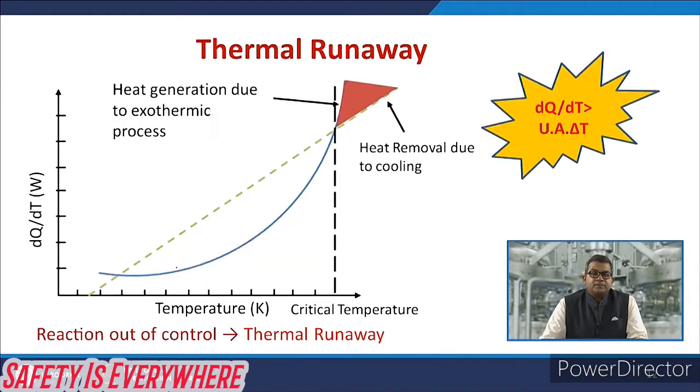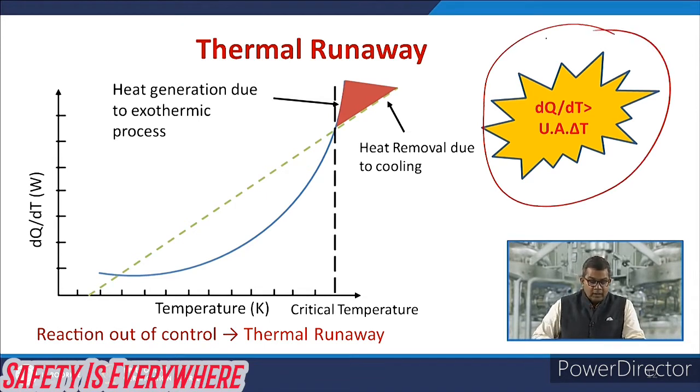So delta T is important. Sometimes you may experience thermal runaway problems, and as we have discussed, the governing equation is this one. Here dQ by dt is on the y-axis and the temperature is on the x-axis.